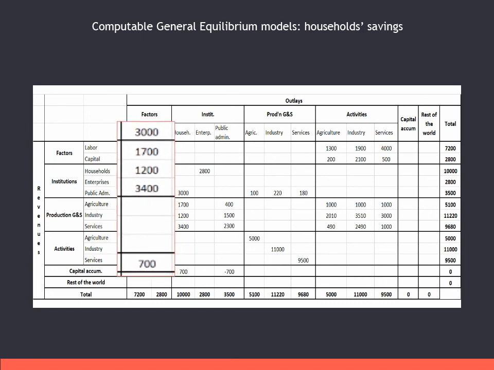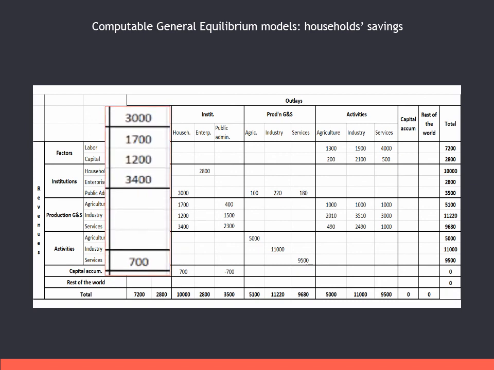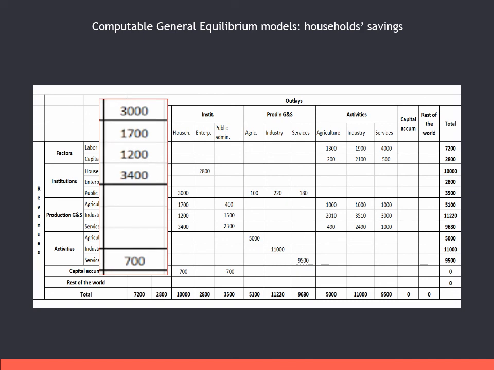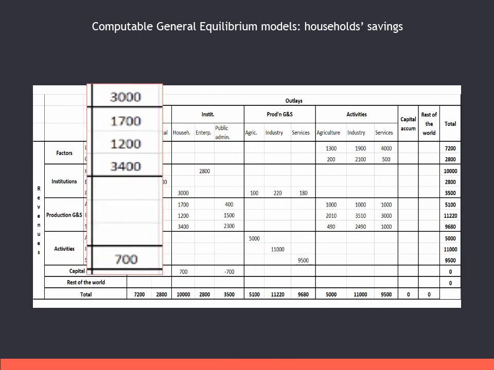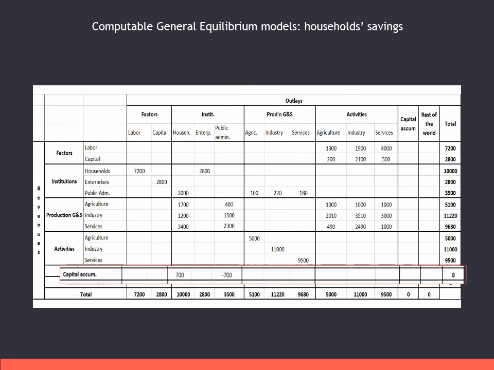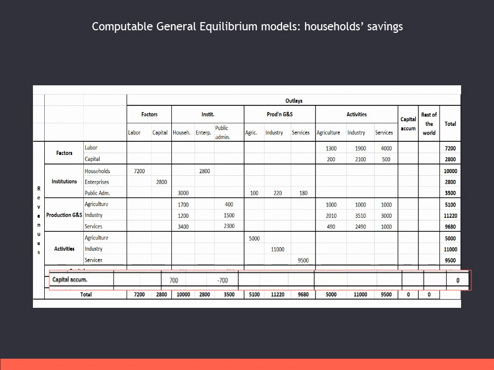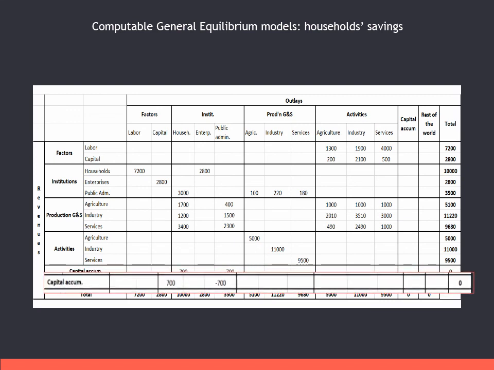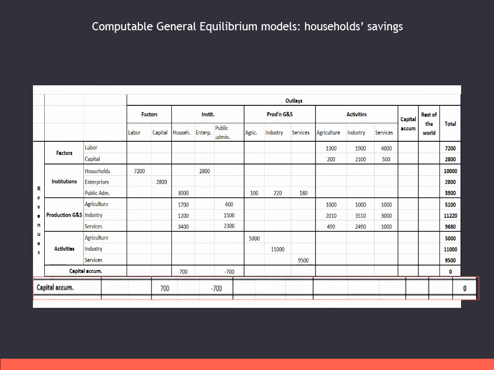At the row capital accumulations in the column households, we've got savings of 700. And it means that there is a net financing capacity. So there is a net financing demand, which is at the level of public administration. So in the column public administrations, at the row capital accumulations, you've got a public deficit of minus 700.